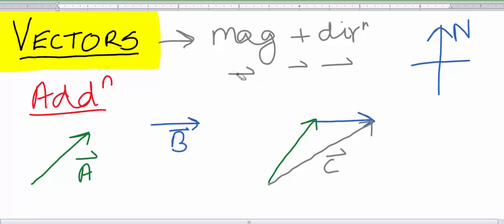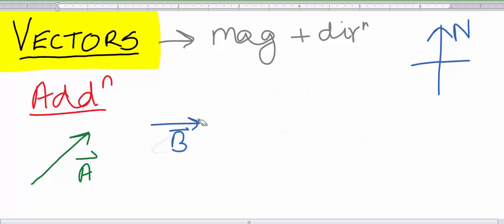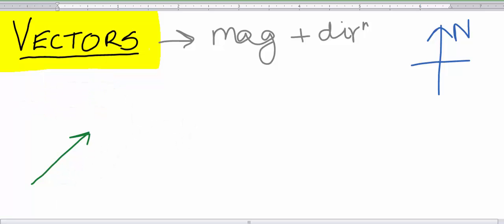Now let's move on to the subtraction. Okay, now subtraction.